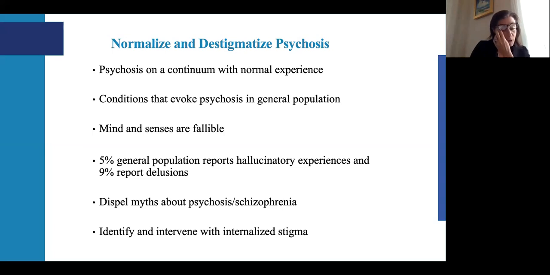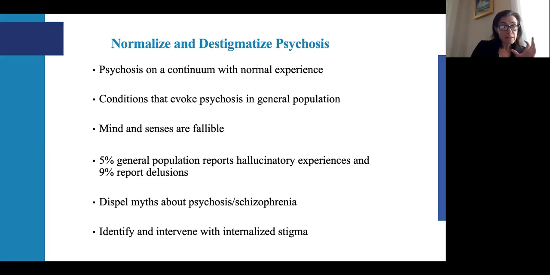We all have fallible senses. We all make mistakes and errors of judgment and perception. In fact, Van Os and others have done work looking at huge samples, mostly in Europe, of who reports hallucinatory experience, who reports something that could be considered a delusion, and you see up to almost 10% of the population reporting something that could be sort of delusional, and 5% reporting hallucinatory experiences.